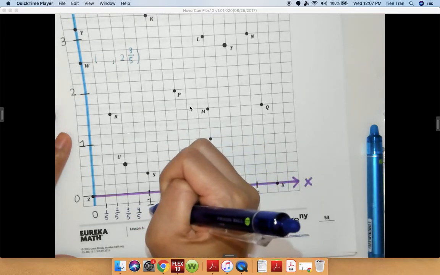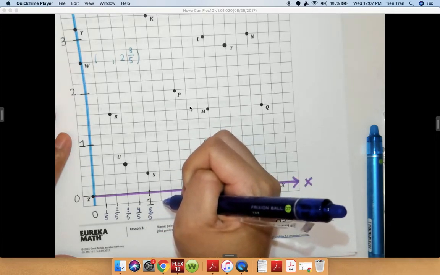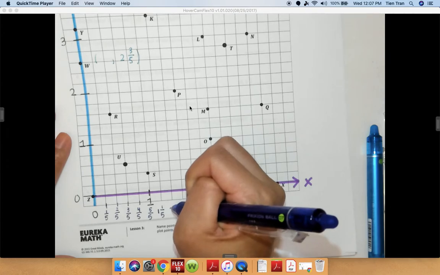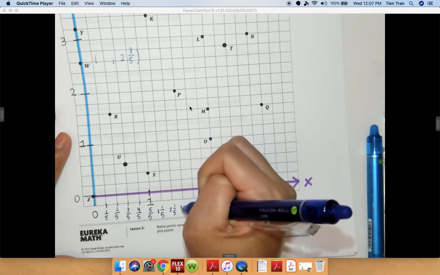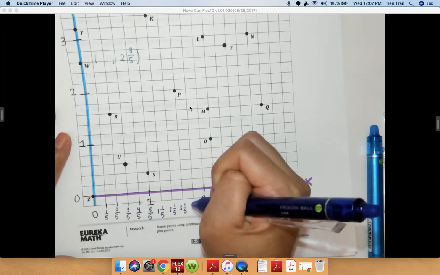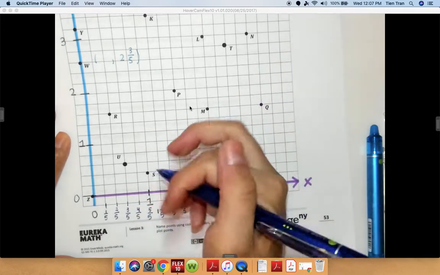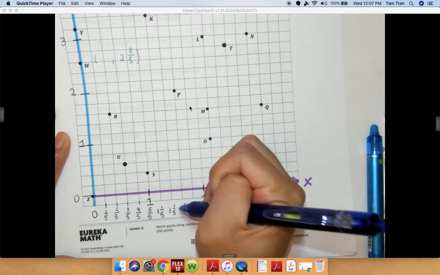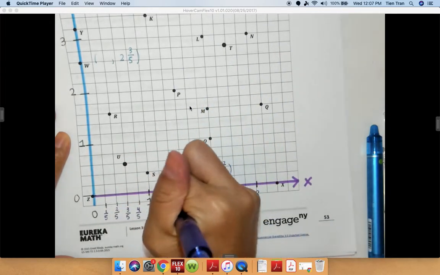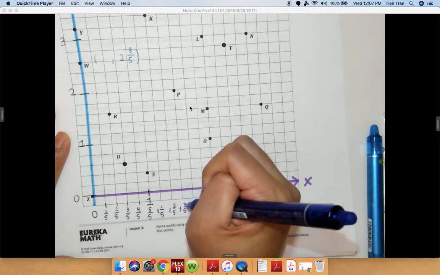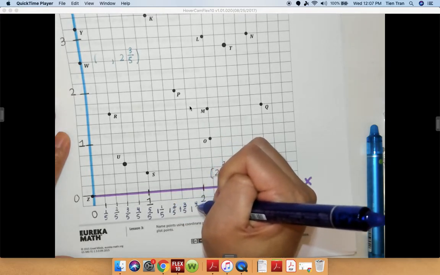So if you want to write that, you can. This one over here is going to be 1 fifth, 1 and 1 fifth, 2 and 1 fifth, 3 and 1 fifth. Oh, it's 1 and 1, sorry. I'm confusing myself. 1 and 1 fifth, 1 and 2 fifths, 1 and 3 fifths, 1 and 4 fifths.